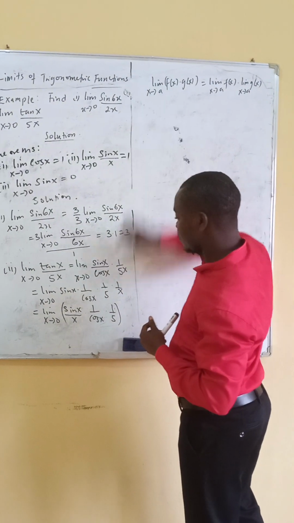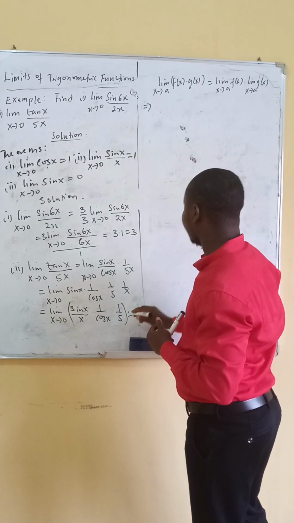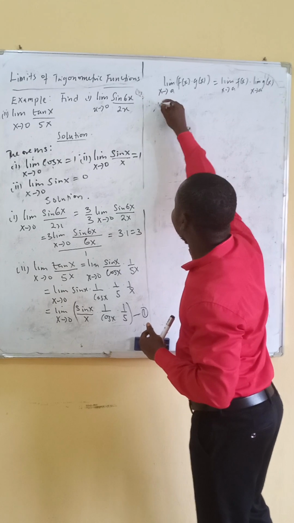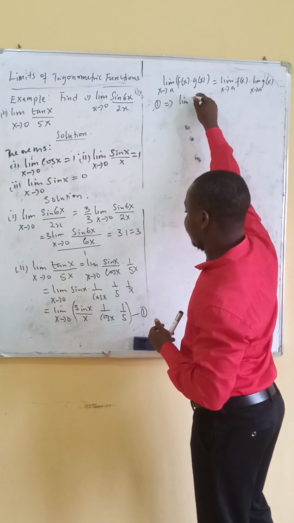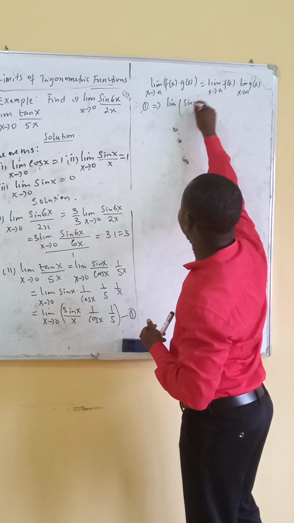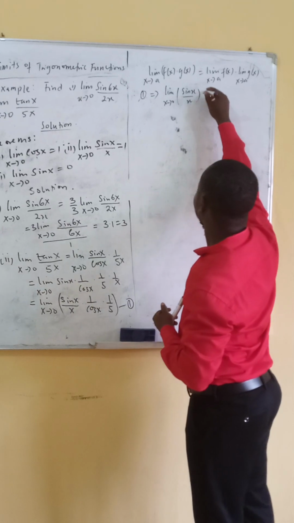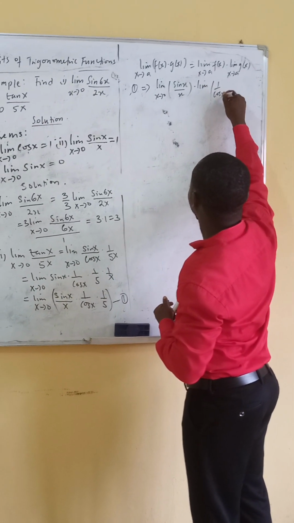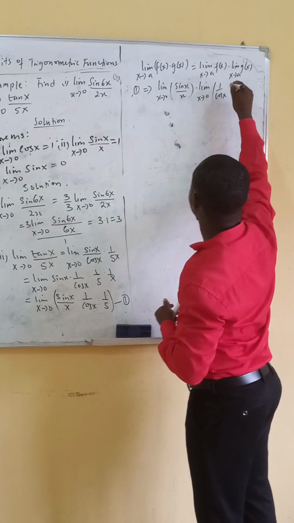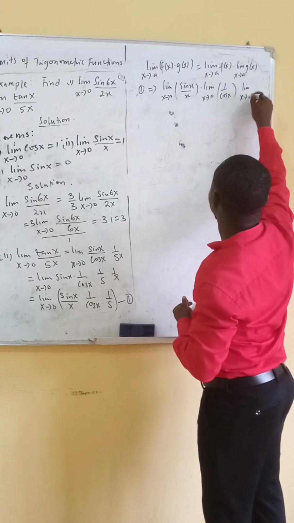Applying this to the expression, and calling it 1, it follows that we have the limit of sine x over x as x tends to 0, times the limit of 1 over cos x as x tends to 0, times the limit as x tends to 0 of 1 over 5.